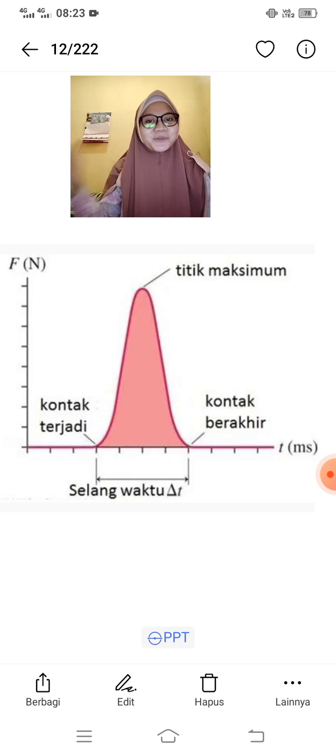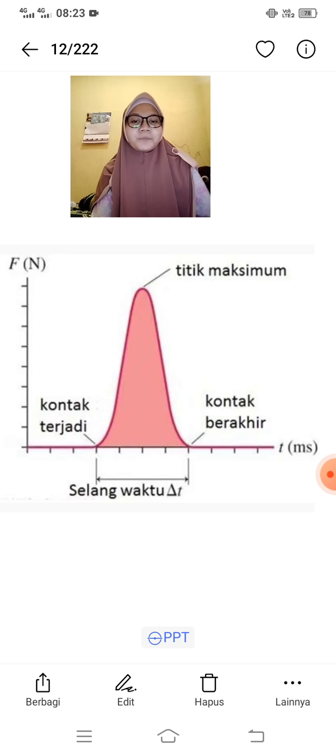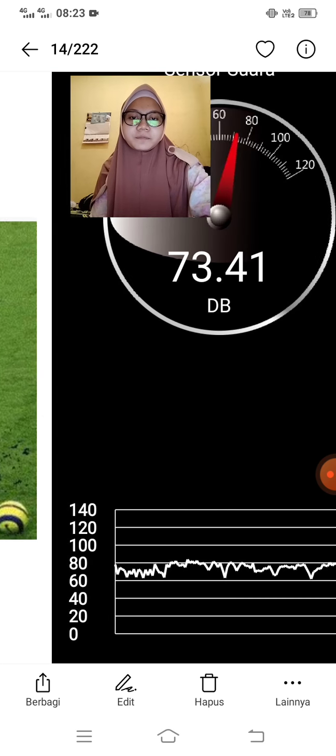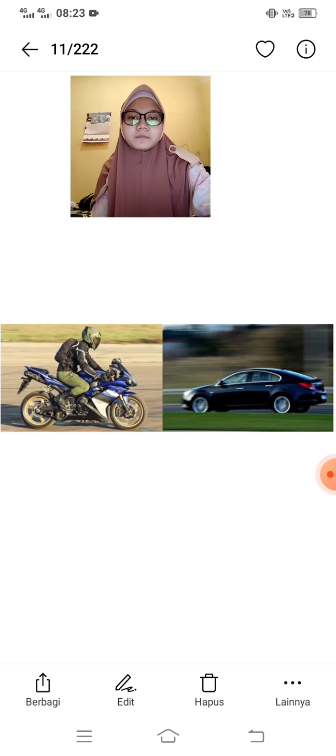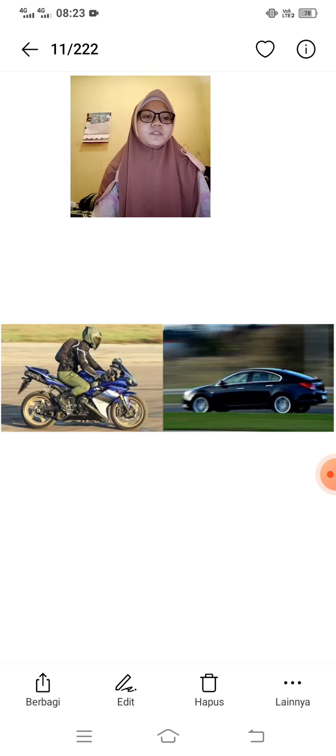Number 2, momentum. Pay attention to the two pictures. If the two vehicles are moving at the same speed, which of the two vehicles is more difficult to stop?